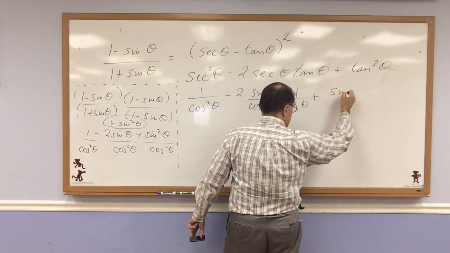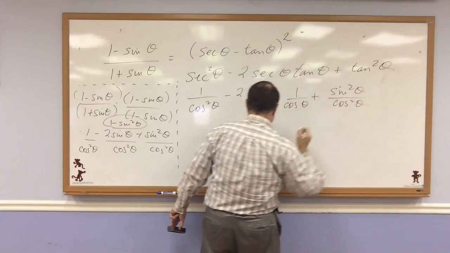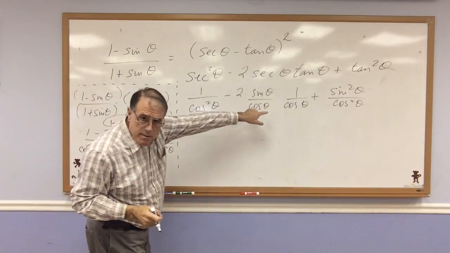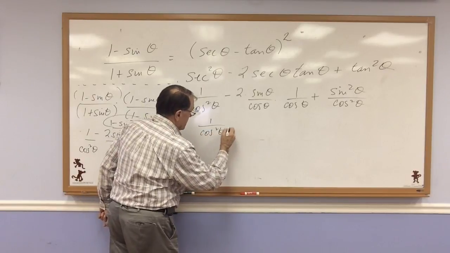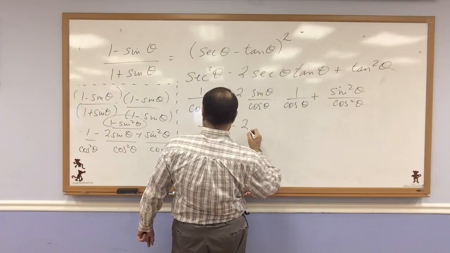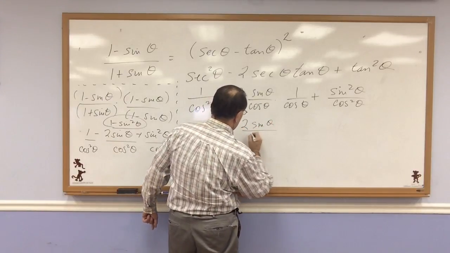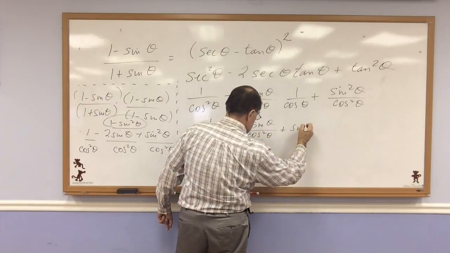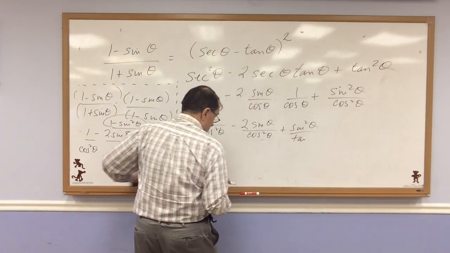Tan squared is sine squared over cosine squared, you see. And so now, putting these pieces together, 1 over cosine squared theta minus 2 sine theta over cosine squared theta plus sine squared theta over cosine squared theta.